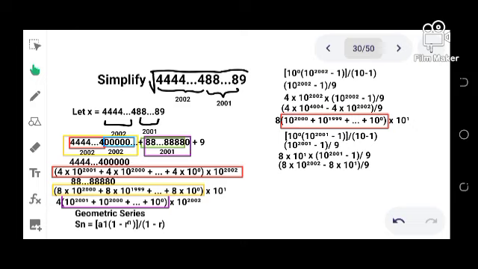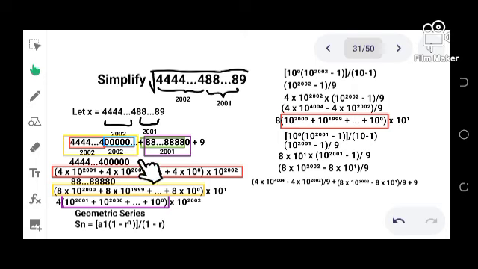Now, after dissecting the number into expansion groups and simplifying, the number can now be written as this one. This is for the 4s, and this is for the 8s, and you have the 9 there remaining. Now, getting the LCD, we get this part here.